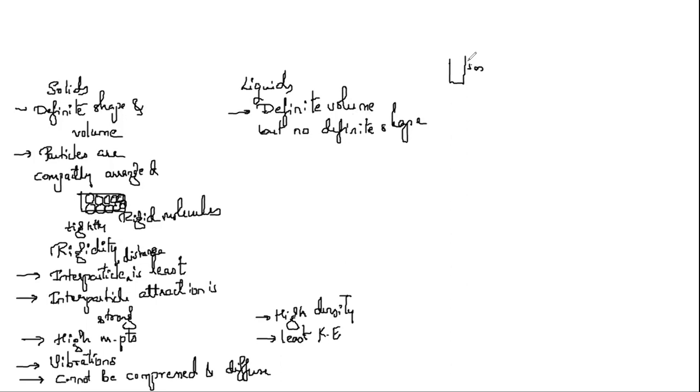If I pour this 5 ml of water into a glass, it will still remain 5 ml only. So what I mean is, the volume is definite, but the shape is not definite. If I take a narrow test tube, I get the shape of the test tube. If I take a wide glass, I get the water in the form of the wide glass. So liquids have definite volume, but they do not have definite shape.